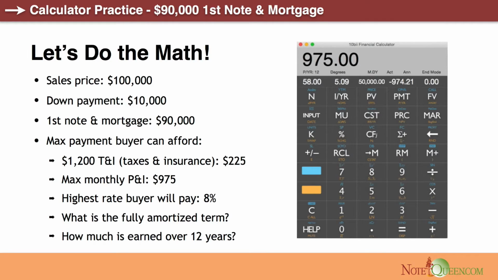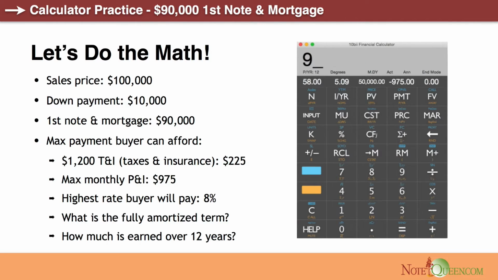So the max monthly P&I that this buyer can afford is $975. I always put these two as negative numbers, so I'm going to make that a negative number right here, and enter it in the payment. So I know that's the most they can afford.